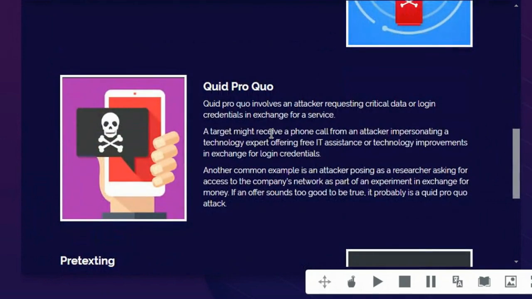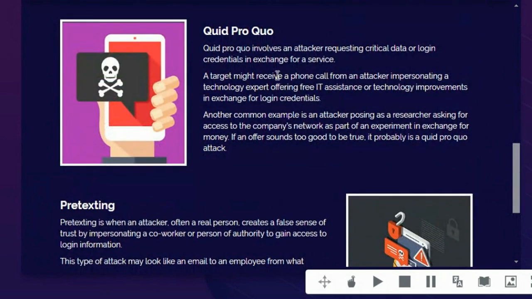Quid pro quo. This involves an attacker requesting critical data or login credentials in exchange for a service. Quid pro quo means you give me something, I'll give you something, right? We scratch each other's back here. A target might receive a phone call from an attacker impersonating a technology expert offering free IT assistance or technology improvements in exchange for login credentials.